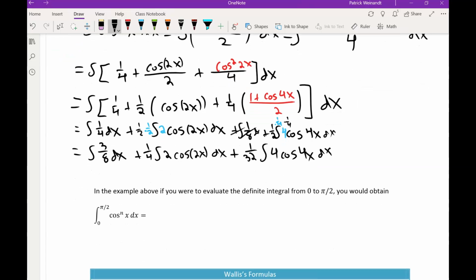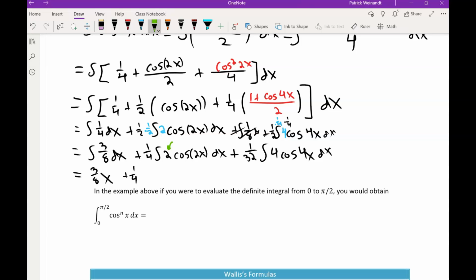So let's evaluate this integral. Well, the antiderivative of 3/8, that's easy enough to do. That's just 3/8 x. The antiderivative of, well, we're going to have 1/4 times the antiderivative of 2 cosine of 2x. We have rewritten this, so it's basically like reversing the chain rule. Keep in mind, we see the derivative of the inside being multiplied by the outside.